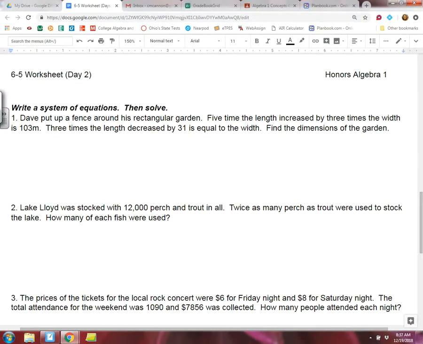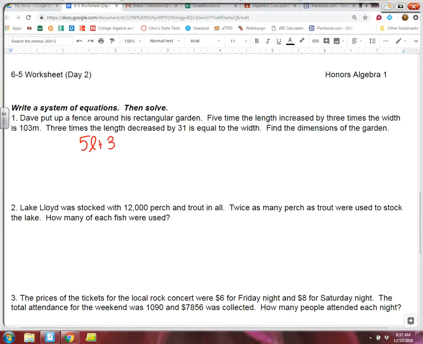On number 1, you should have 14 by 11 or 11 by 14, whichever way you wrote that. Would anybody like to see number 1? Yes, number 1. Okay, so can you tell me what your equations were? Other way around.